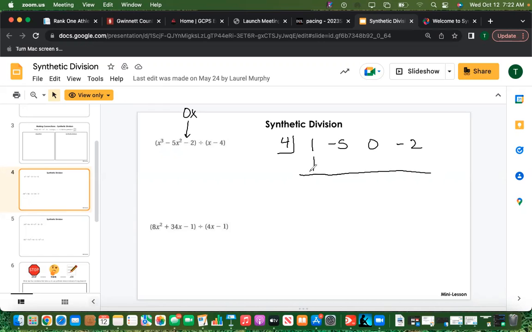So we're going to bring down our first term. We're going to multiply by what's in the box, by what's down here. So 4 times 1 will give us 4. -5 plus 4 is going to give us -1.